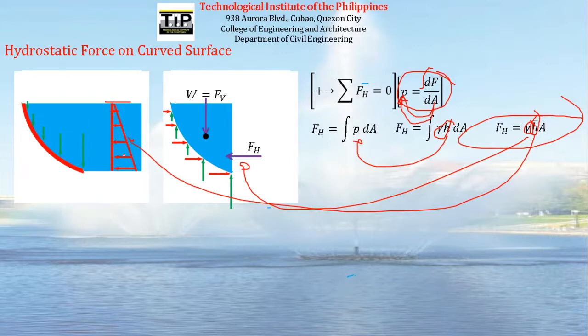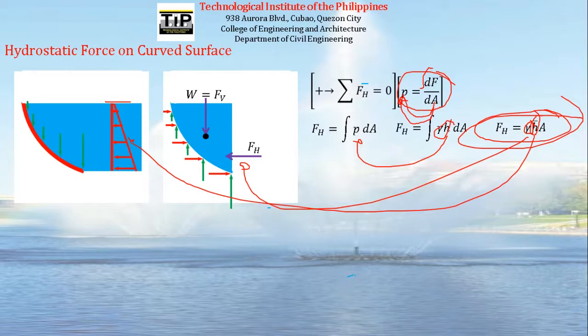In this formula, we consider the area or the cross section to be rectangular. So please remember that.